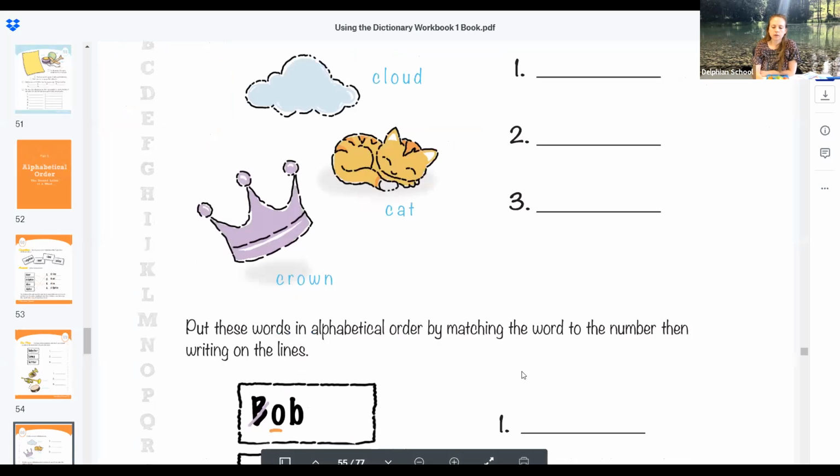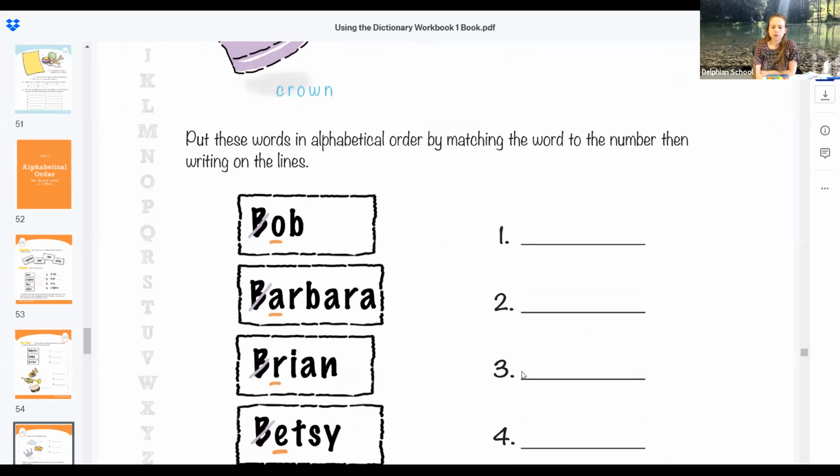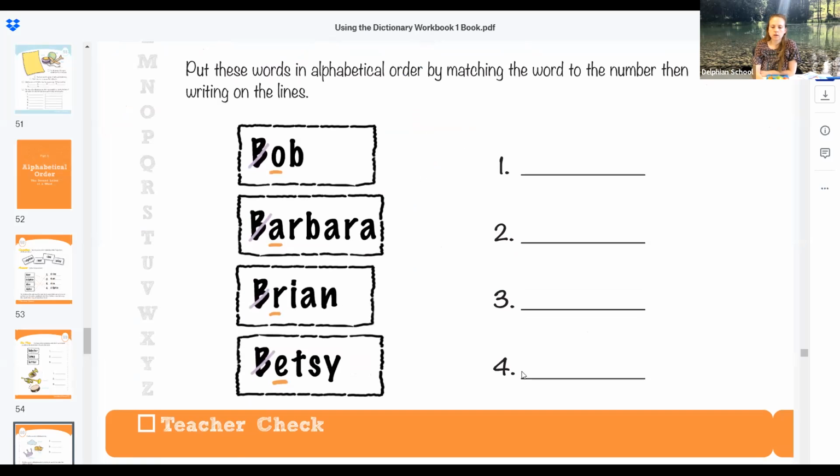Exactly. Okay, put these words in alphabetical order by matching the word to the number, then writing on the lines. Okay, good. So we have Bob, Barbara, Brian, and Betsy. We have some names here that we've got to put in alphabetical order. So what are we going to do? Which one's first, guys?